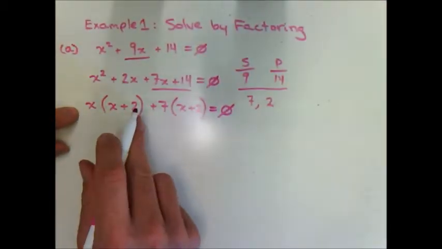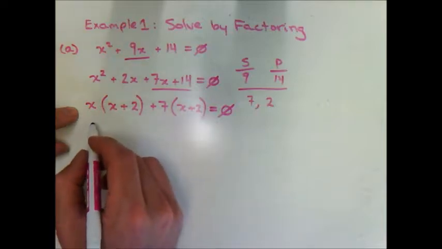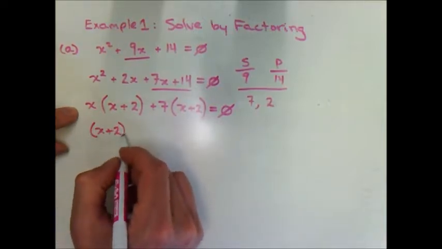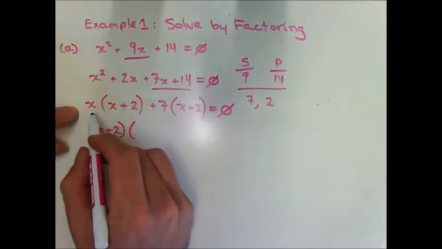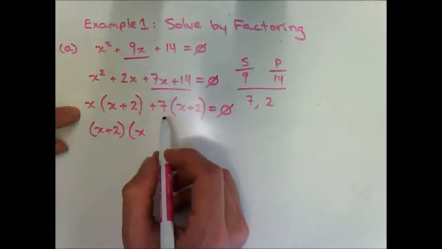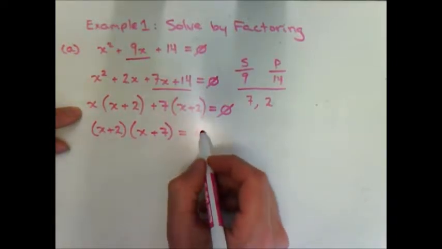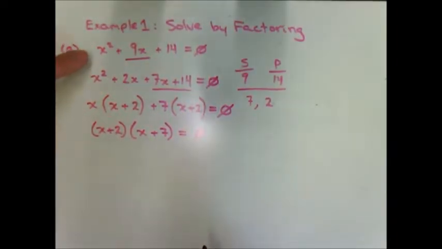And now I have two terms, and out of the two terms I see a common factor, so we can pull out our common factor of x plus 2, which if we pull out x plus 2 from this term, we're left with x, and if we pull it out from this term, we're left with 7. So we have now factored our equation.